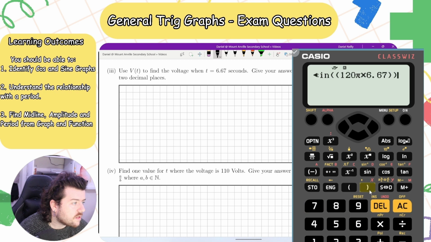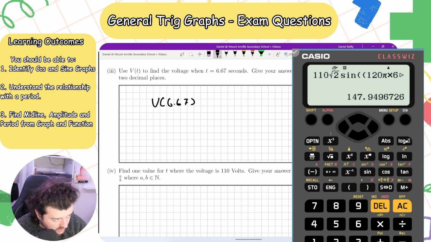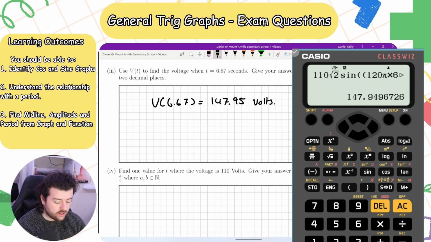Make sure I close all my brackets. Click equals. I get the volts at 6.67 seconds to be 147.95 volts. I suppose that's the unit I'm using. 147.95 volts.